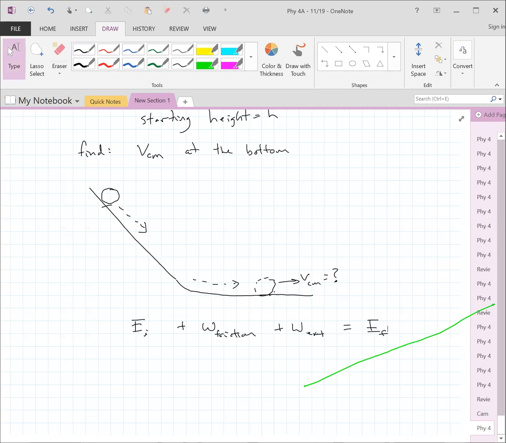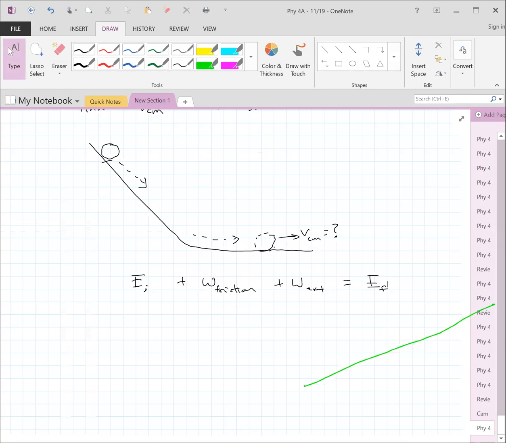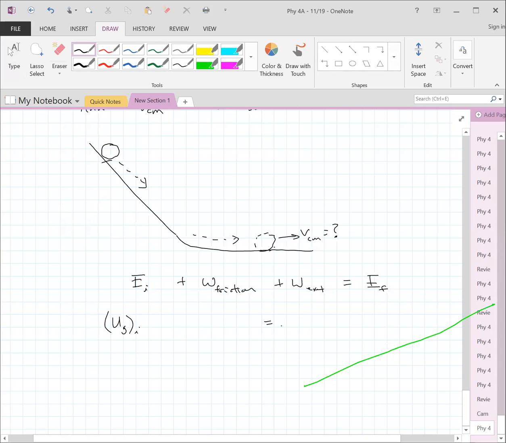So first thing we're going to do is say that this thing is not moving initially, but it does have some gravitational energy, right? All of its energy is in the form of gravitational energy at the beginning. And at the end, it's moving. It's rolling.